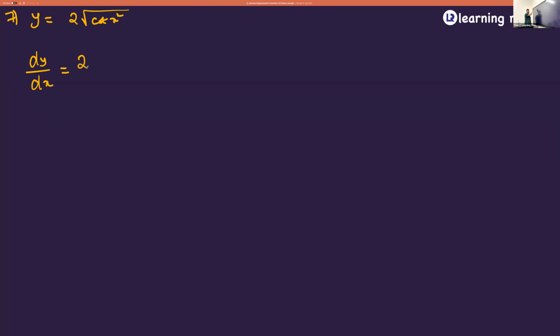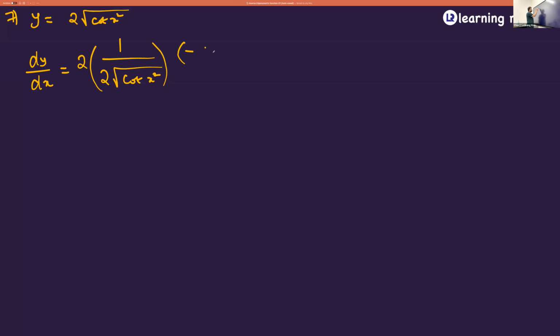Derivative of square root is 1 by 2 root of whatever is the function inside, cot x square, into derivative of cot. See, derivative of tan is secant square, derivative of cot is minus cosecant square.